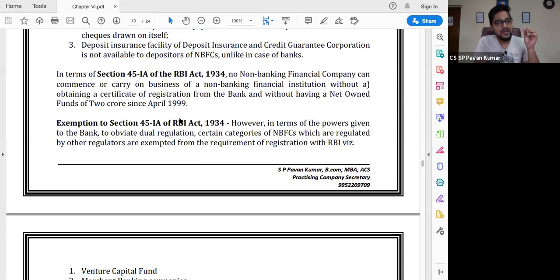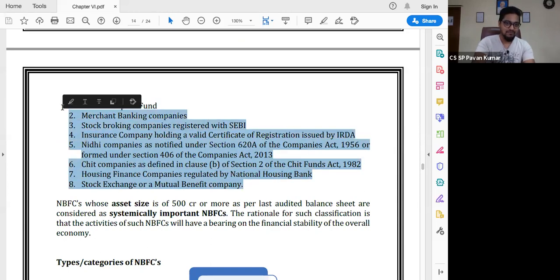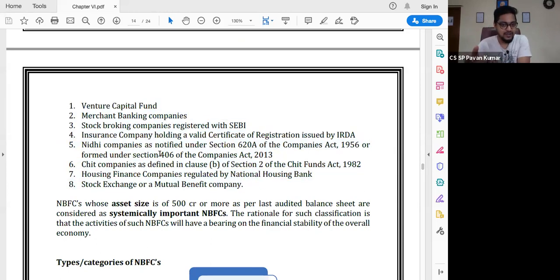Okay. However, this registration under section 45IA of RBI is exempt for certain types of companies, which are as follows. Because these types of companies are getting approval from some other sectoral regulator.